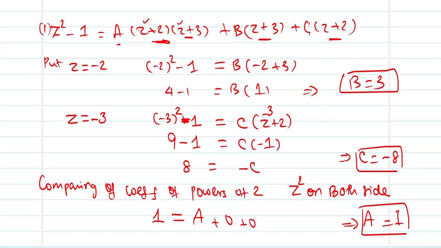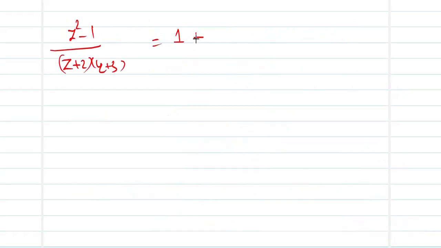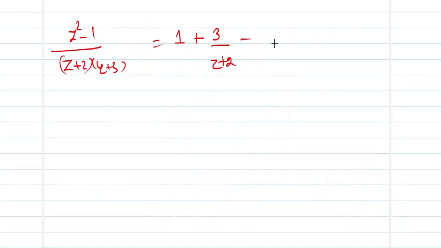Now put it back in your fraction so that we have (z square minus 1) by (z plus 2) into (z plus 3) equal to a, which is 1, plus b, which was 3, so 3 divided by z plus 2, minus the next quantity, which was 8, so 8 divided by z plus 3.